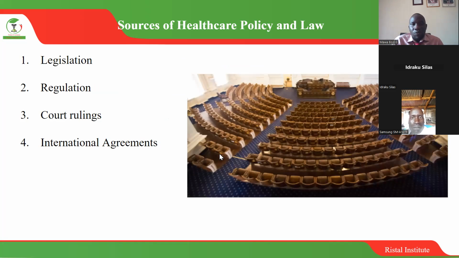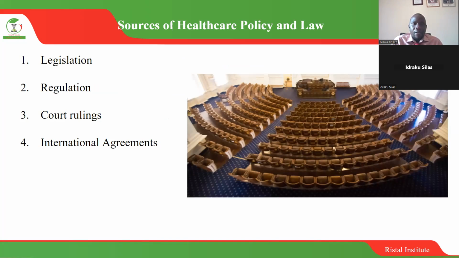So who are the people who make the laws? The legislation, the legislature, okay? The legislature, and then we have the regulation, and then we have the court rulings, and then international agreements.